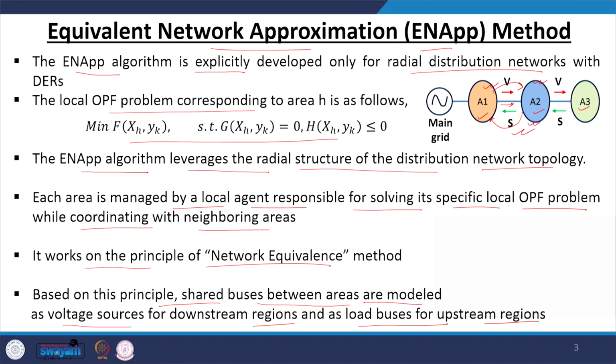In ADMM, both areas share both voltage and power values, but in NAP this communication burden has been reduced, and only one of the two data is shared with your neighbors depending upon where it is situated.